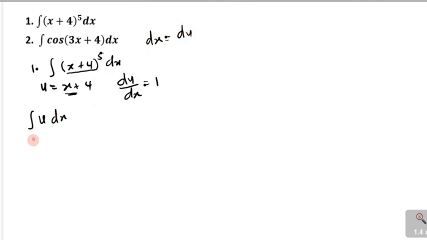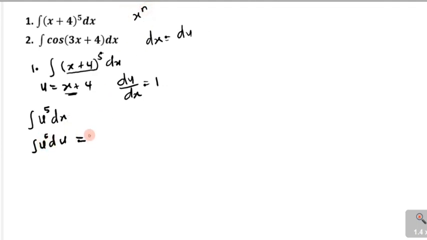So the integral becomes u. There's a 5 here, so we have to include that 5, du. So now you see we're integrating u with respect to u. This time when we integrate this, we're going to apply the formula for x raised to power n, and this looks exactly like that.